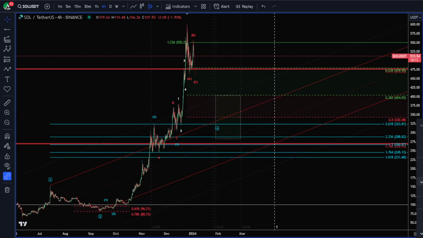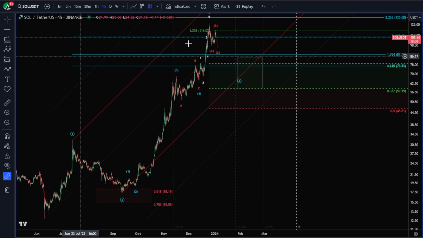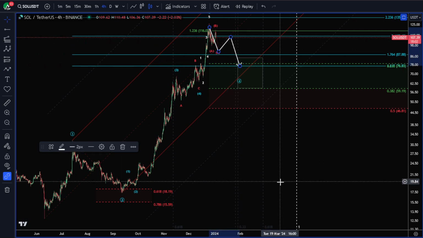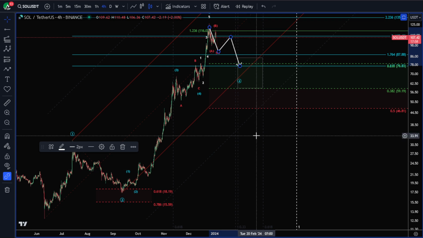And again, this would just come down in threes or as a flat B, C. And we'd get pushed out probably till the end of the month if this correction is in play.